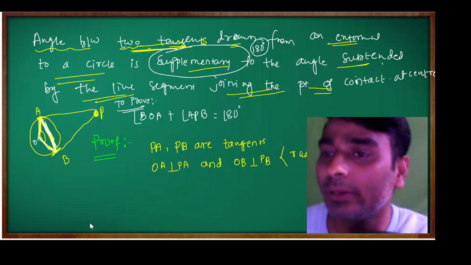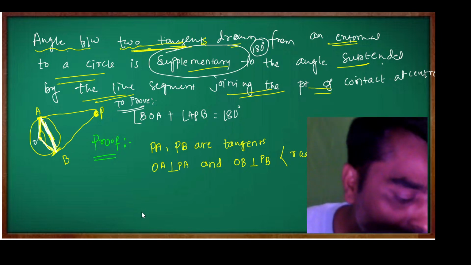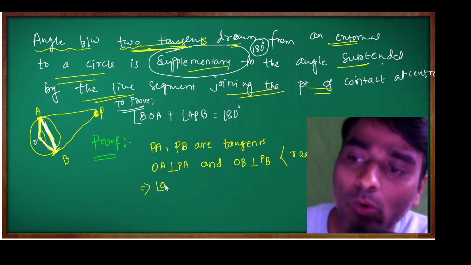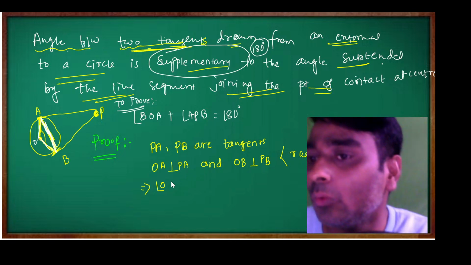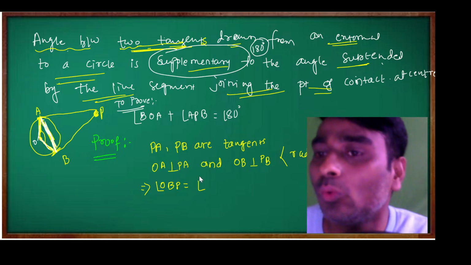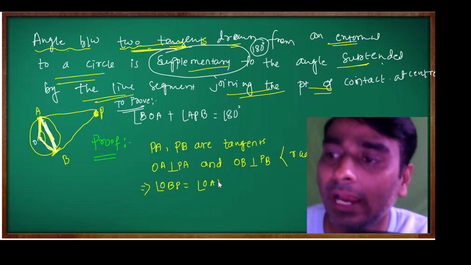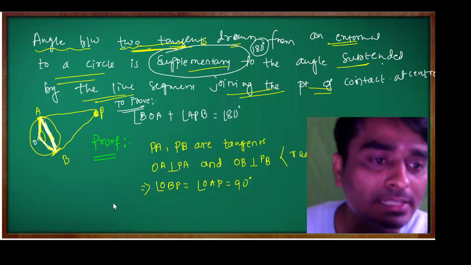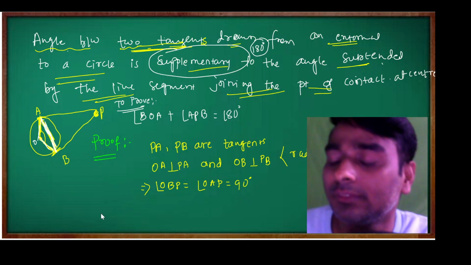That's why these two are perpendicular. So two angles are 90 degrees. Which are they? This implies angle OBP is equal to angle OAP, and these two angles are 90 degrees.